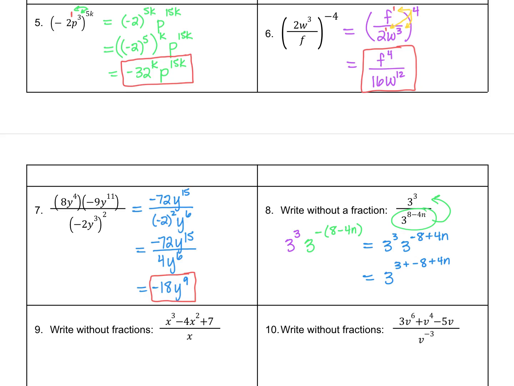And we already know that when you have a positive and a negative, it's just a minus. So we end up getting 3 to the power of -5 plus 4n, or you can say 4n minus 5. It's the same thing.